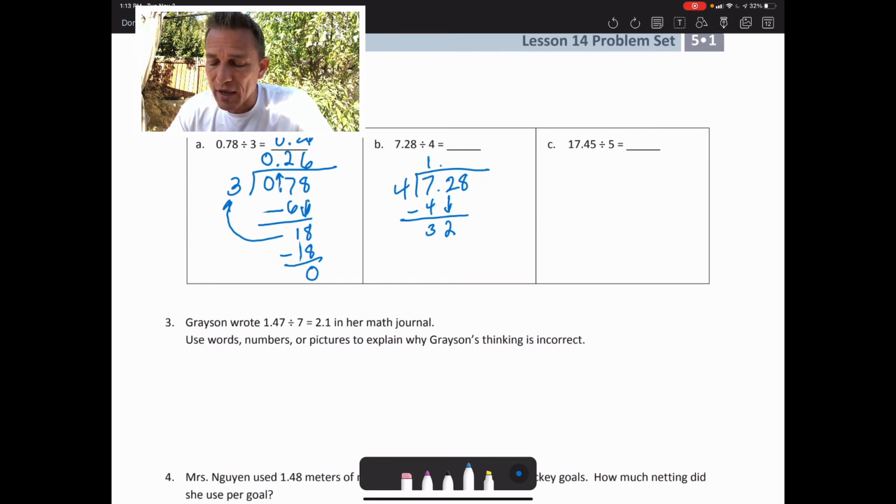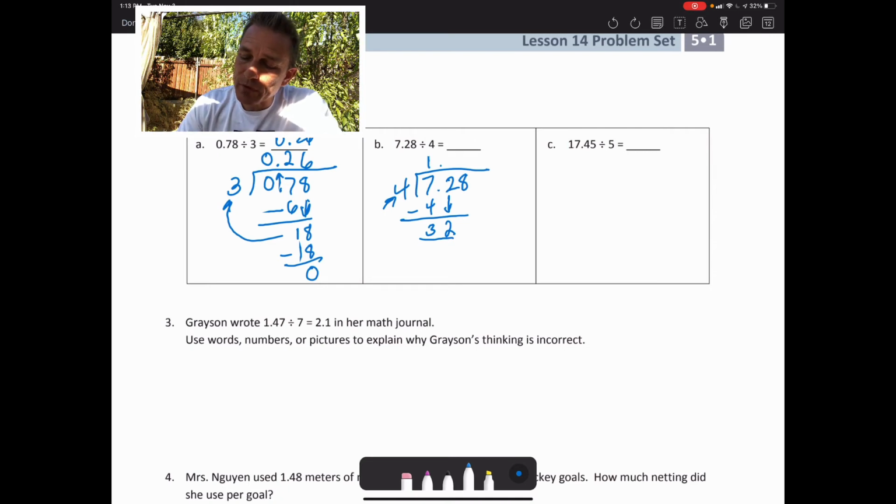It's going to be how many times the divisor goes into this number now, 32. See, we're figuring out how many groups of tenths will equal 32 tenths. So, how many 4's can go into 32? 8. So I'm going to put an 8 right there in the tenths place. And then multiply. 8 times 4 is 32.